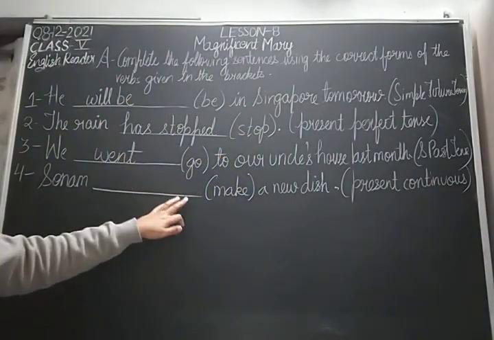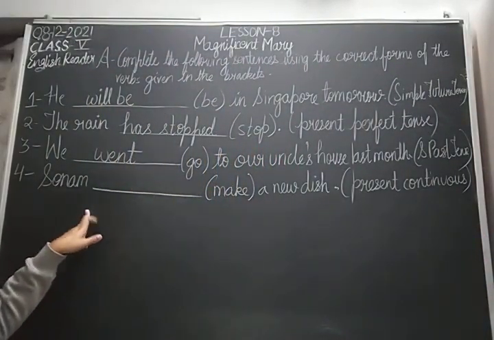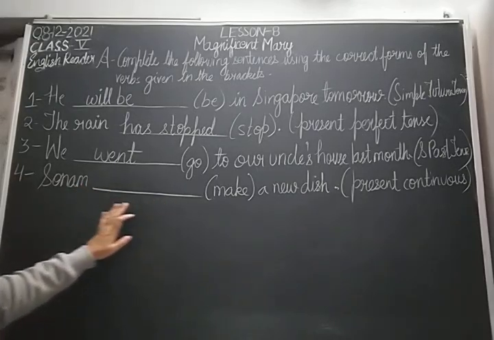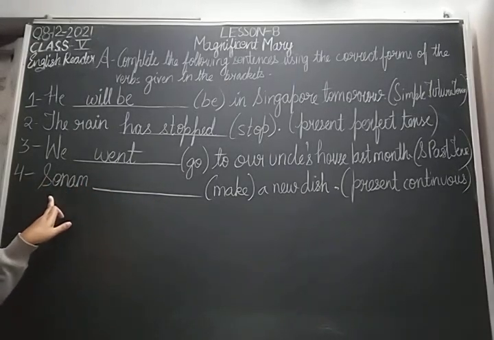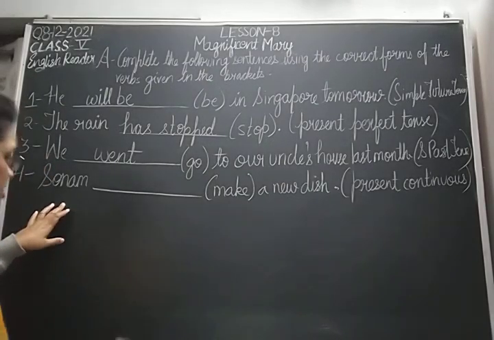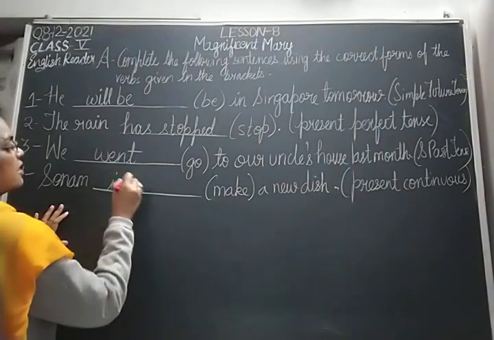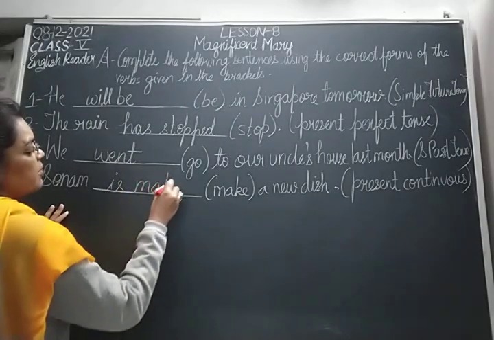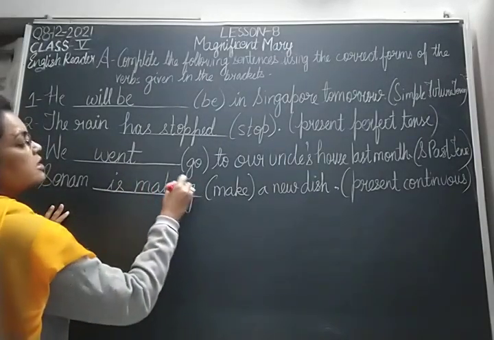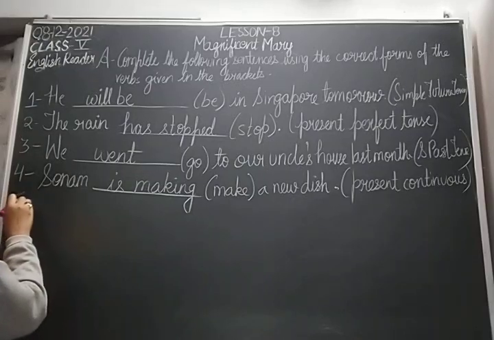So the formula of present continuous is am, is or are plus the ing form of the verb. Now here the subject is Sonam, singular subject. So we will write is and ing form of make, is making. So Sonam is making a new dish.